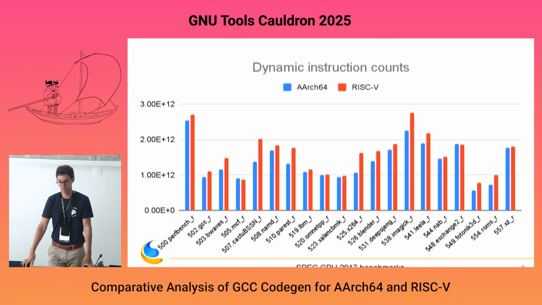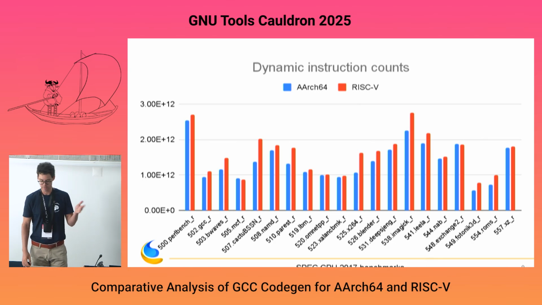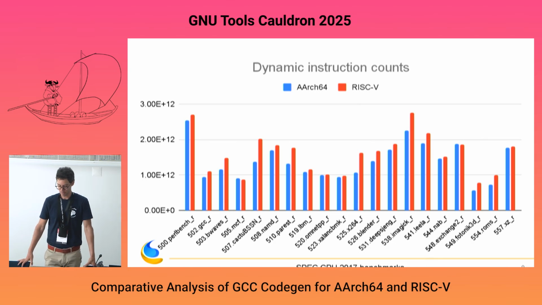The reason is that we fed the benchmarks with the largest data sets that we had, the ref. And over those 20 benchmarks that I picked, there is a mix of C, C++, Fortran, integer but also floating-point computations, and some of them are vectorizable, some others are not. So it's supposed to represent a bit of all kinds of computations and source code that can be run.